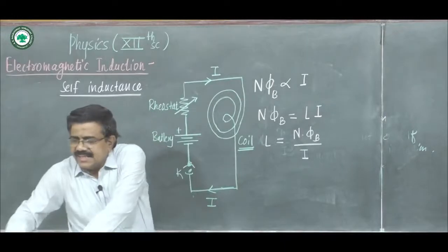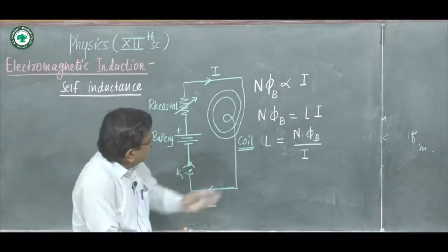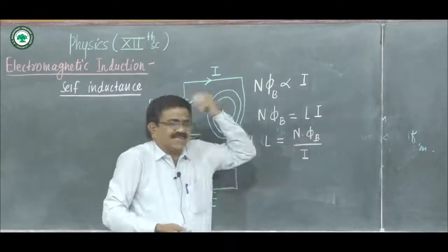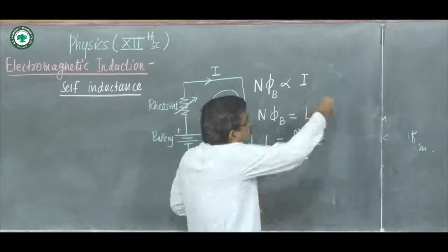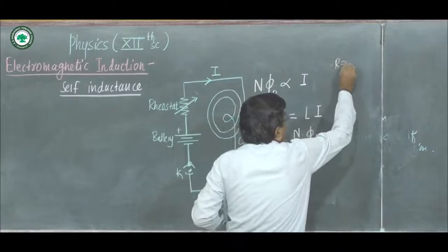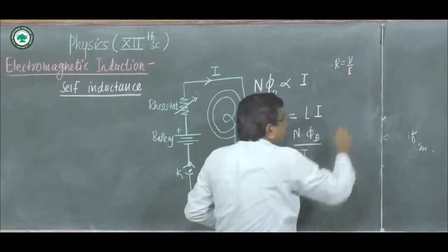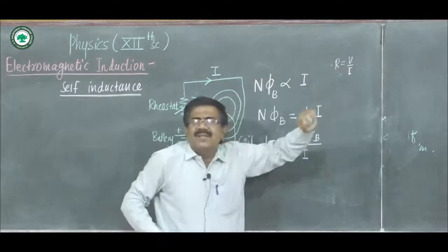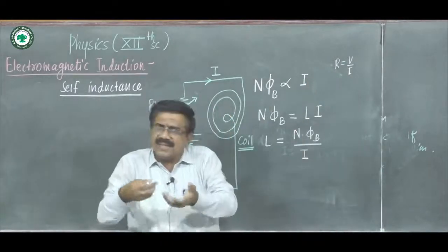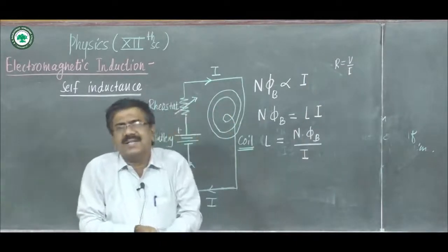One main thing is here, this L does not depend on these factors. As we know, in case of resistance, R is V upon I. The resistance does not depend on the V and I, but it depends on the material, length, area of cross section.